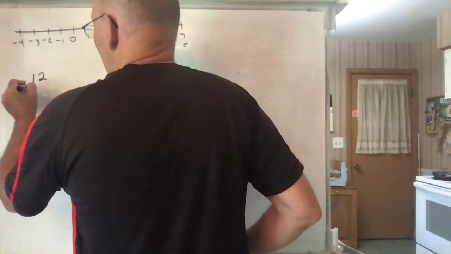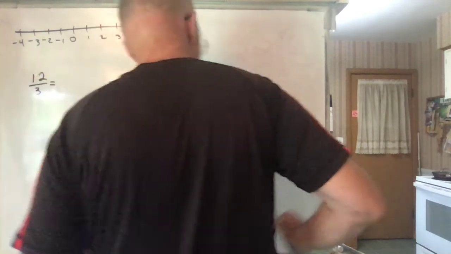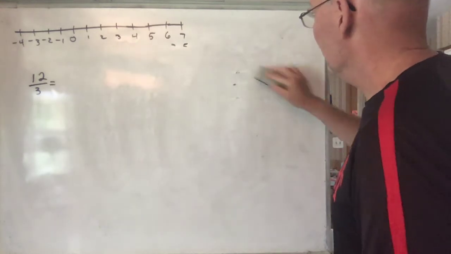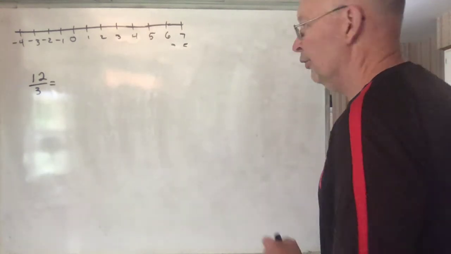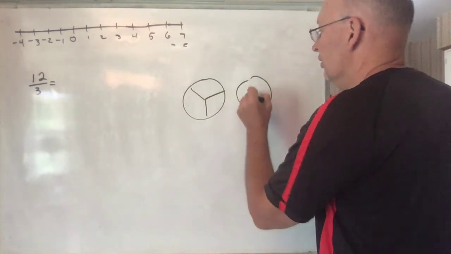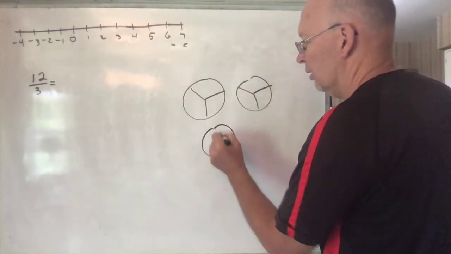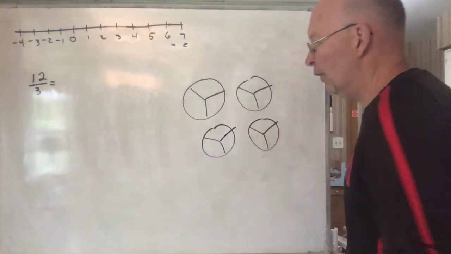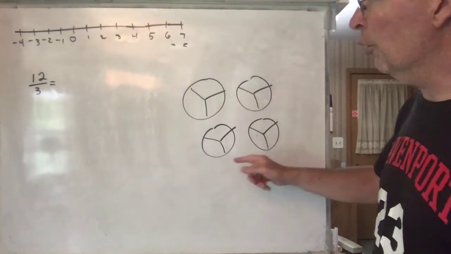What does 12 over 3 equal? 12 over 3, you can think of it as 12 thirds. If you have thirds of a pie, and I have 12 of those, there's 12 thirds, and so that gives me 4 pies.